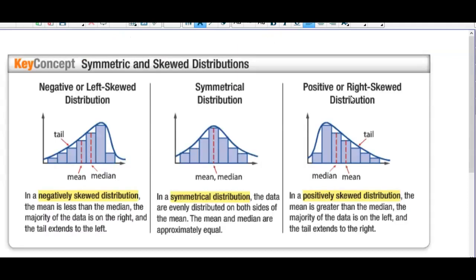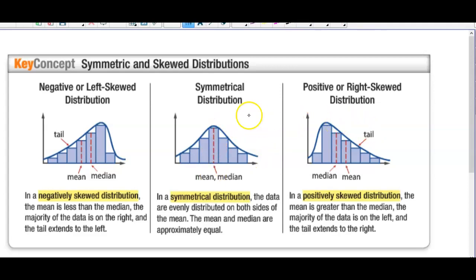All right, this is something you do need to know. You need to know whether data is symmetric or skewed. These are histograms, so the data points were put in and broken up by category. Usually if the data is symmetric, it doesn't have to be this shape.